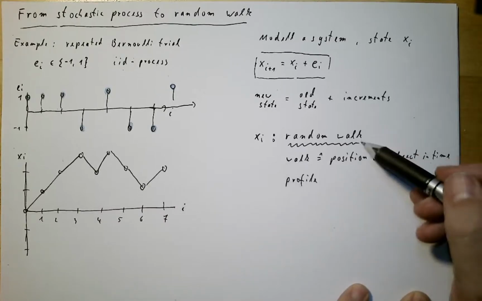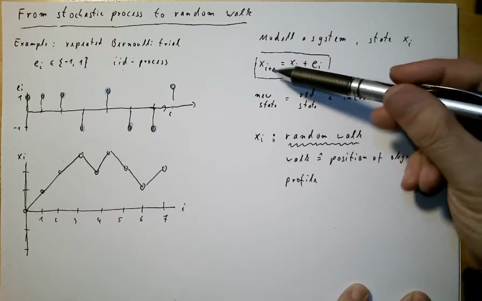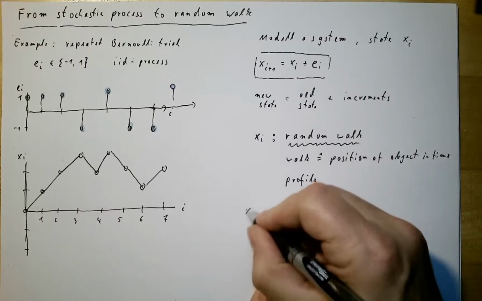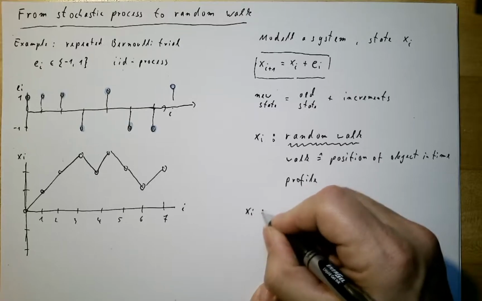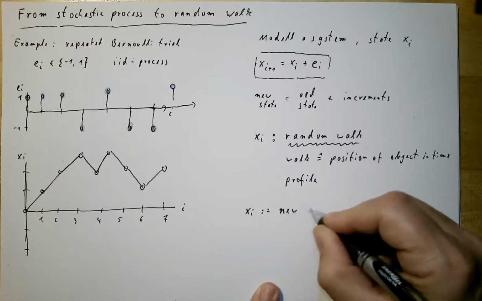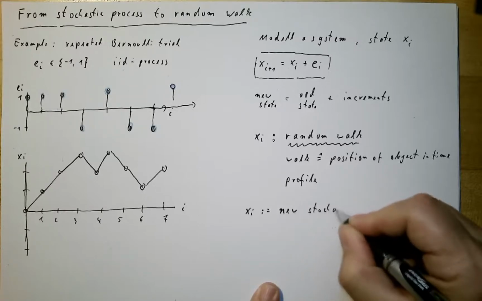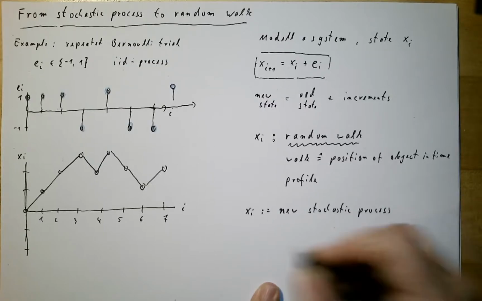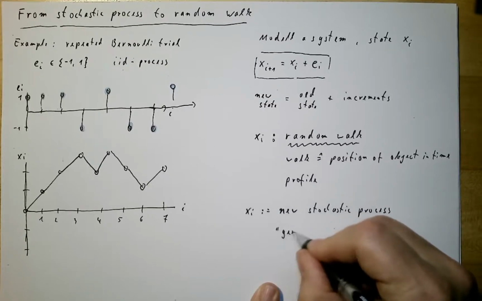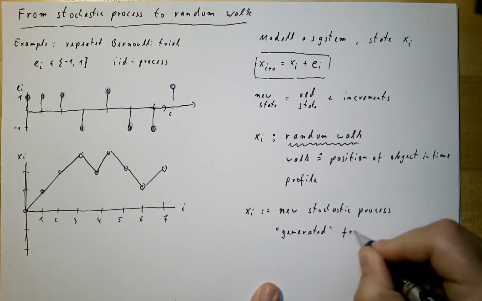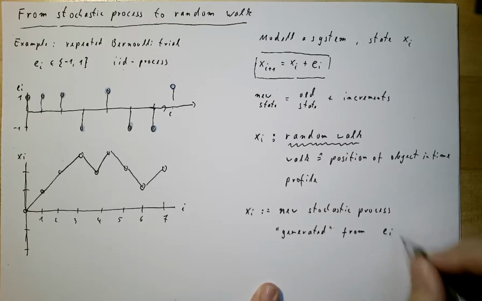So the random walk is defined. It's a new stochastic process. So the xi are a new stochastic process which is generated from the stochastic processes of the ei.